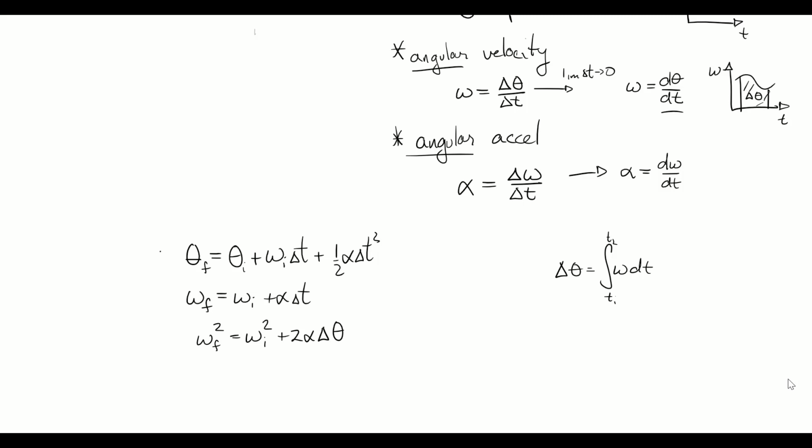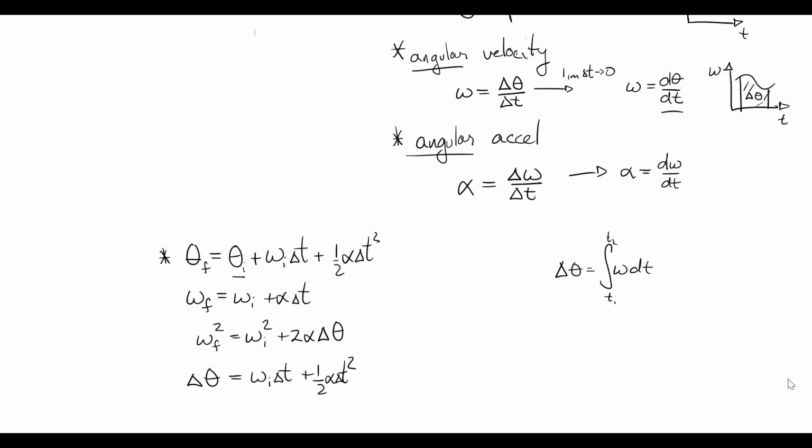Oftentimes you'll see this first one just rewritten in terms of the angular displacement, where you bring the initial angular position to the other side, and the equation becomes the change in angular position is equal to the initial angular velocity times delta t plus 1/2 alpha delta t squared.